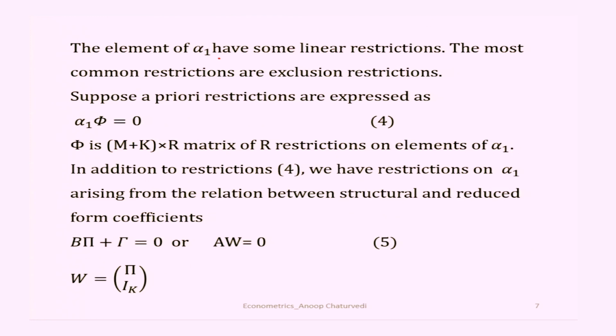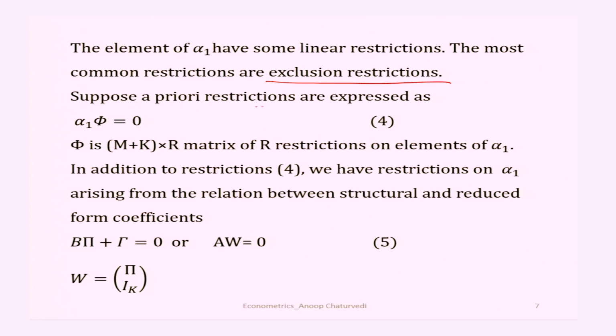Then the elements of alpha_1 have some linear restrictions, and the most common restrictions are exclusion restrictions, meaning some of the elements of alpha_1 are 0, or you can say some of the variables are excluded from the first equation, which are included somewhere else in your model, and those variables may be endogenous variables or exogenous variables.